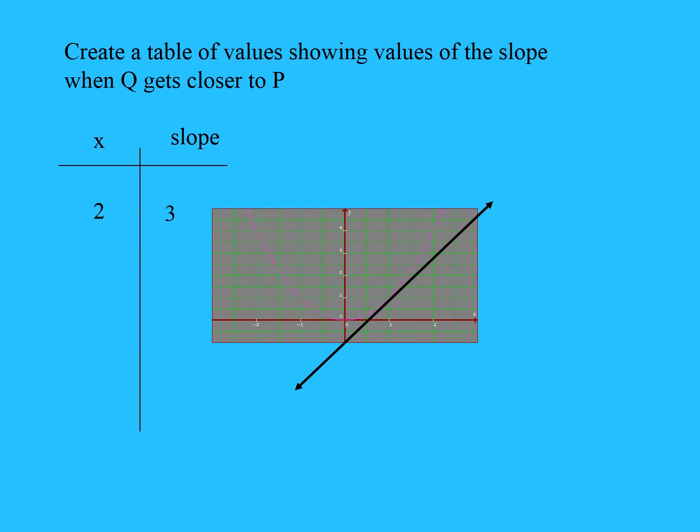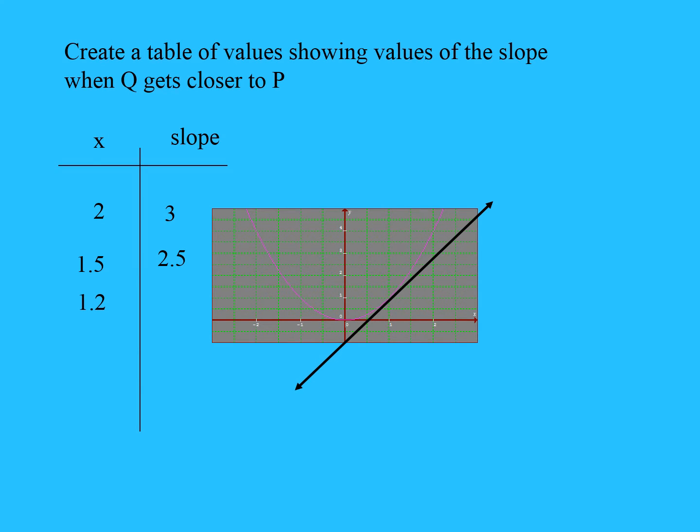And so when we let x equal 2, we created a secant line from (1, 1) to (2, 4). And we calculated the slope, and we found the slope of that secant line was 3. Next, we let x equal 1.5. When we calculated the slope of that secant line, we found the slope of that secant line was 2.5.